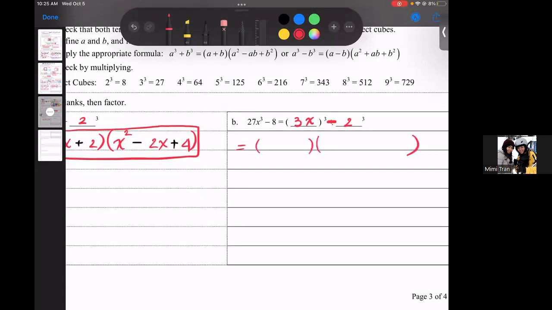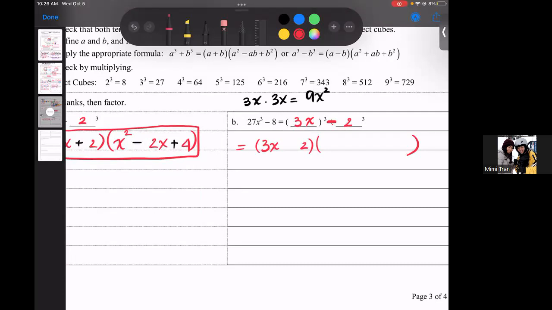All right, so what's my a? A is whatever is inside the parenthesis, so a is 3x. Whatever is inside the parenthesis is your little a. b is 2. A squared is 3x times 3x. If you don't know how to do it, write it out. 3x times 3x is 9x squared.